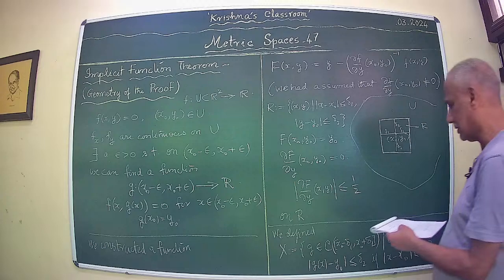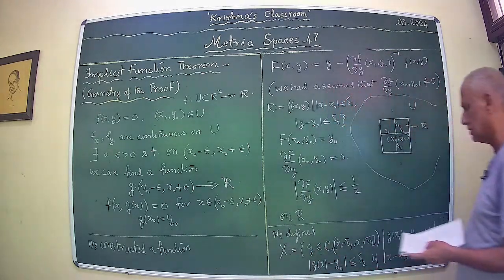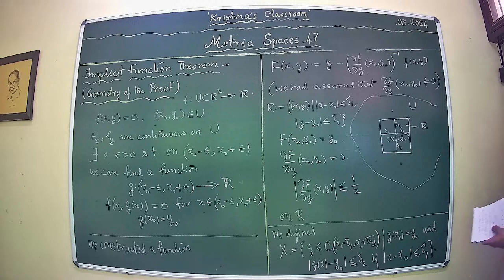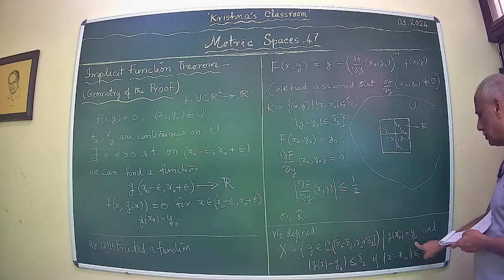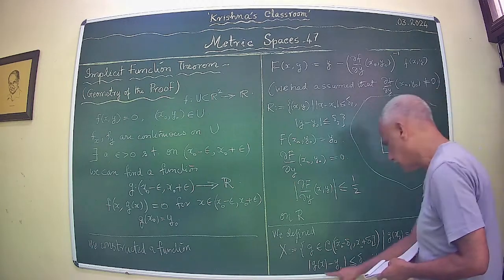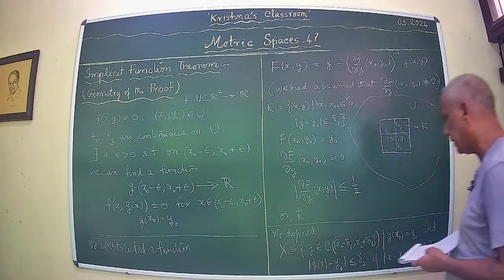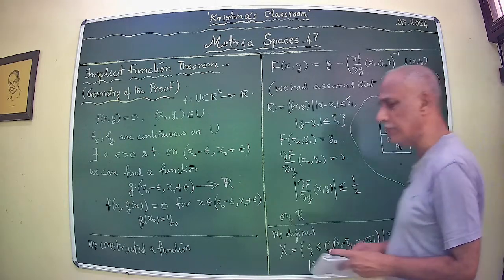X is a metric space of continuous functions defined on the interval x naught minus delta 1 to x naught plus delta 1, with g(x naught) equal to y naught and mod g(x) minus y naught less than or equal to delta 2 if mod x minus x naught is less than delta 1, which simply means the following.